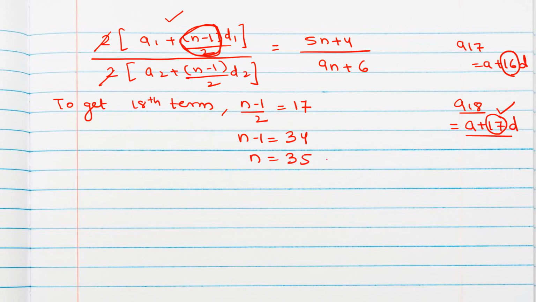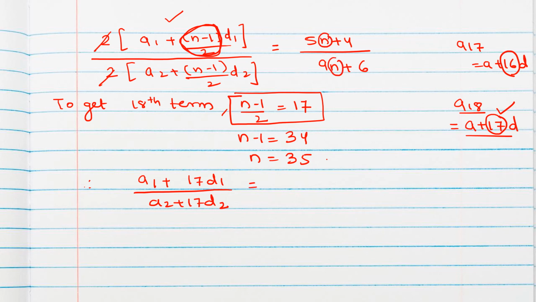Now what we will do, therefore, we'll keep here 17, because n minus 1 by 2 is 17. So a1 plus 17 d1 over a2 plus 17 d2 is equal to, and here the n value also we got, so we write 5 into 35 plus 4 over 9 into 35 plus 6.